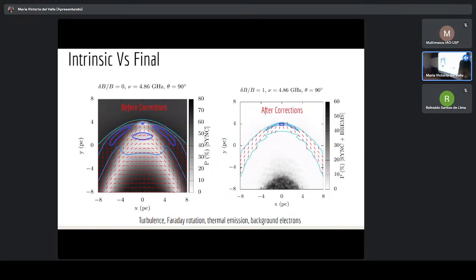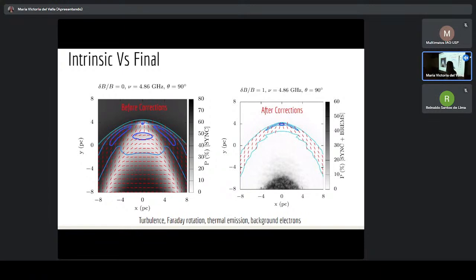So we see here how all the processes together change our predictions on the polarization degree. This map is before all the corrections, and we obtain values of the order of those expected theoretically that I showed you before. A very high degree of polarization, and usually people say synchrotron emission is polarized and the degree of polarization is very high.